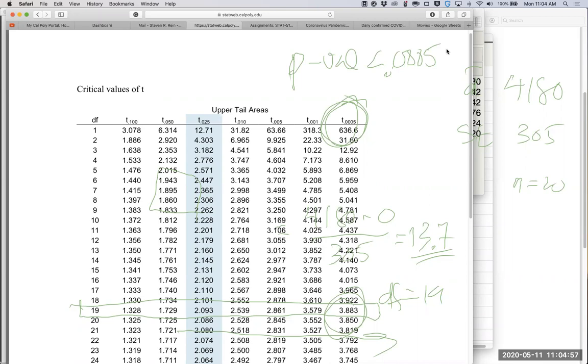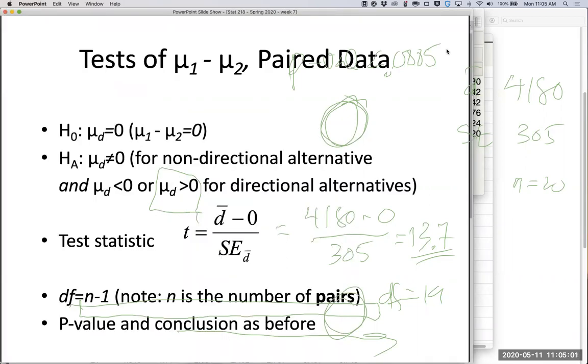So let's rephrase that. If the null hypothesis is true, if in fact there is no difference between in and out of state tuition, I should less than 5 out of every 10,000 experiments see a difference as large as the 4180 I did in fact see. My two choices here.